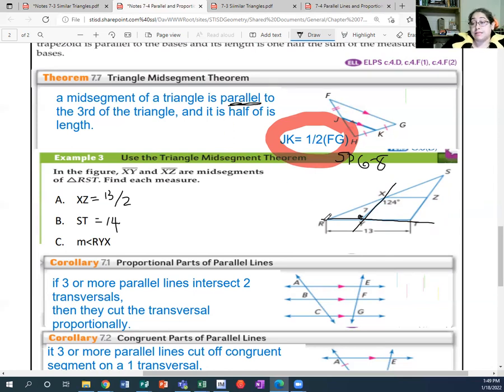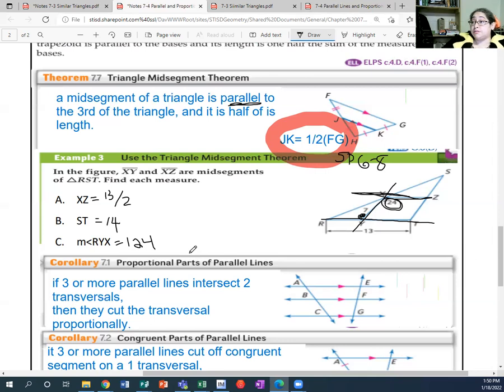So what's parallel to this side here is the mid-segment, this one right here. And now we have some alternate interior angles happening. As discussed earlier, alternate interior angles are congruent. So this is the same as that angle measure that I was given.